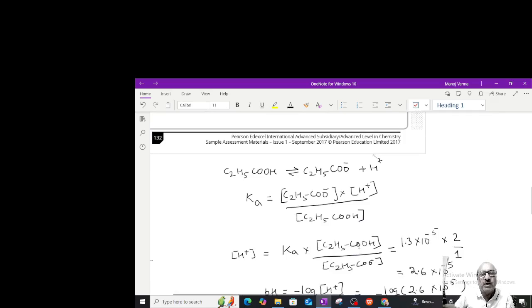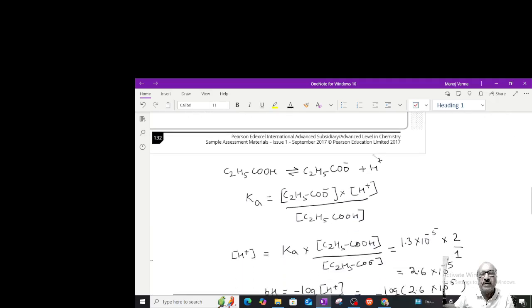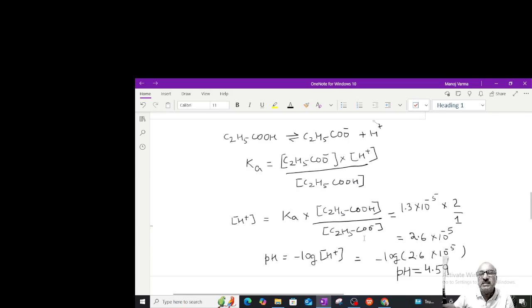The ratio of the concentration of the acid over the salt is 2:1. When we solve it, you get the concentration of H+ as 2.6 × 10^-5 mol/dm³. The pH is the negative log of the hydrogen ion concentration, and you get the pH as 4.59. So that's the pH of the resulting buffer solution.